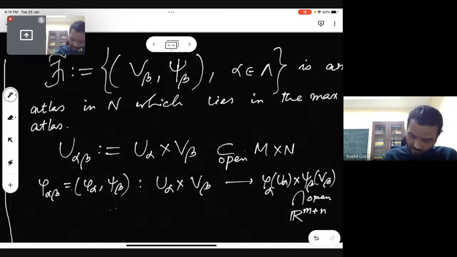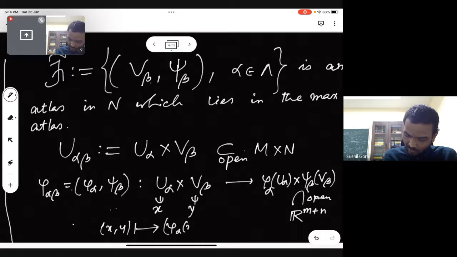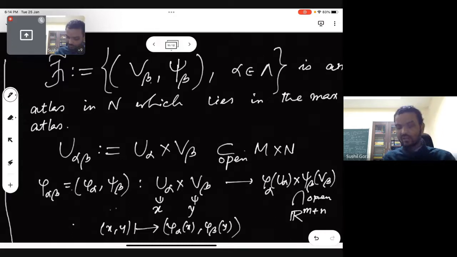So x is in here, y is in here, and x comma y goes to phi alpha x comma psi beta y. This is the map.